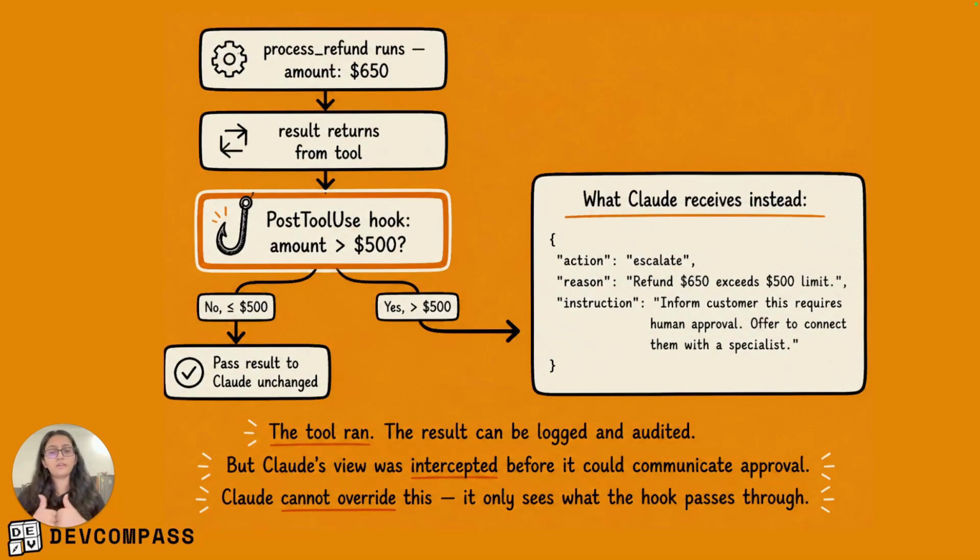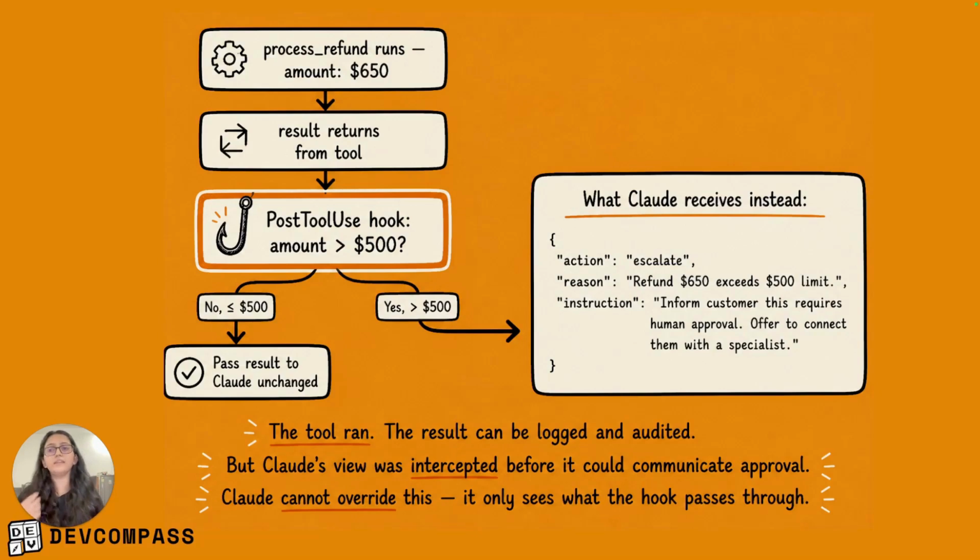Now, Claude reads this as if it were the tool result. It has no way of knowing that the result was replaced. It acts on what the hook actually returned, which is the escalation instruction. In the end, you see that the tool ran.